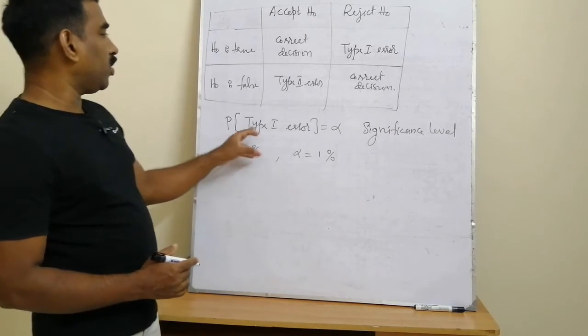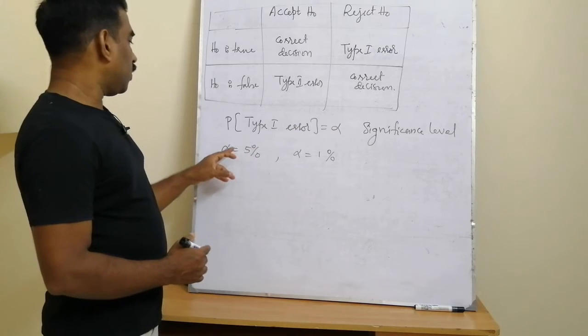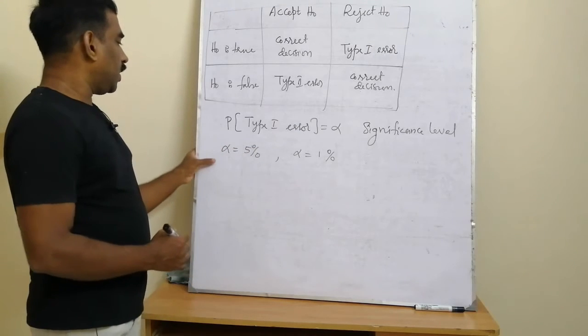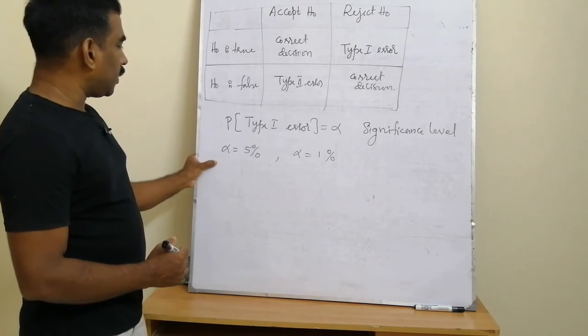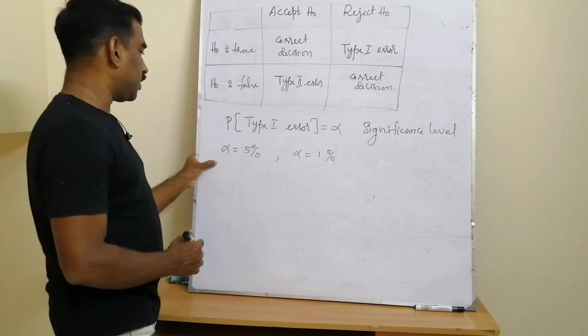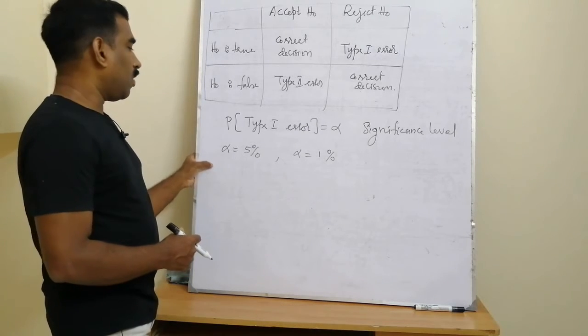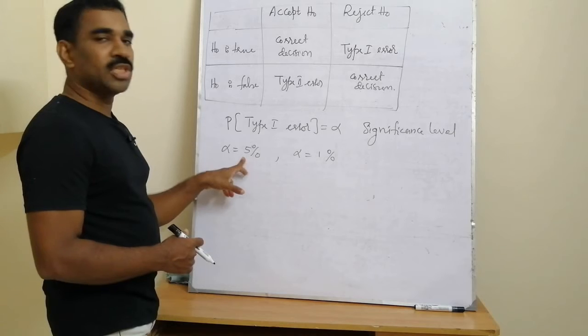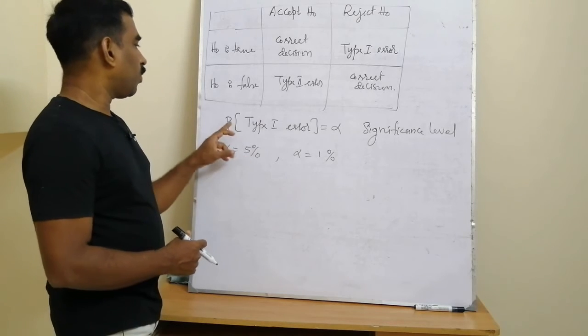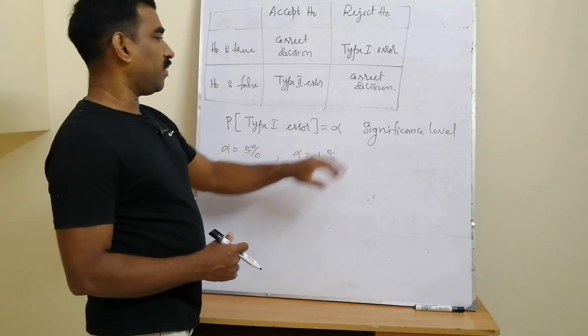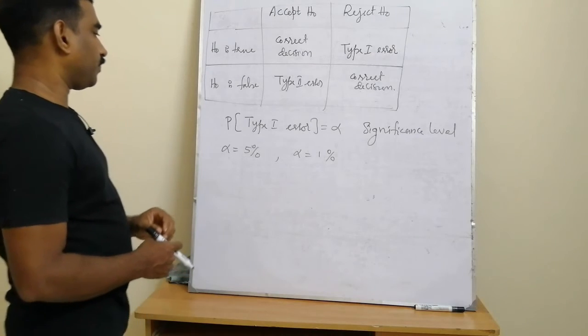What is the meaning of probability of type 1 error equal to 5%? That means if we select 100 such samples and make 100 such inferences, in 5 cases our decision may be wrong. That is the meaning of probability of type 1 error equal to alpha, the significance level.